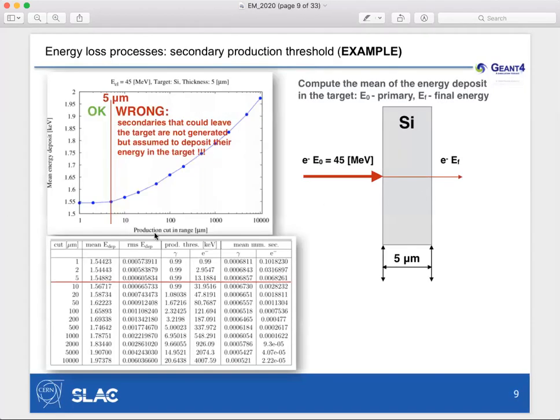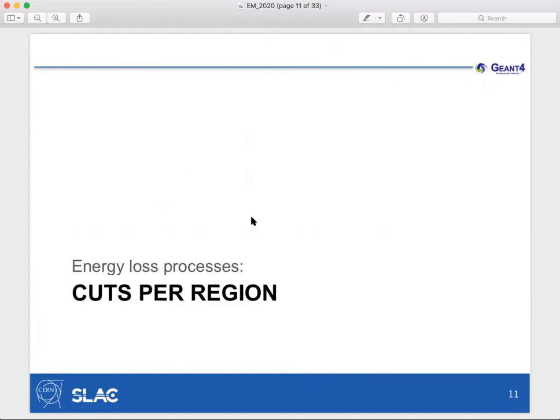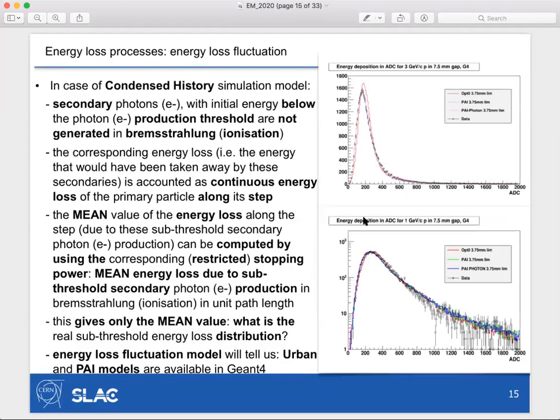And this mean value of 1.5 would be somewhere here, but it's not so important. I just showed here some plot that indeed, if you are using fluctuation, it gives you the distribution of the energy.